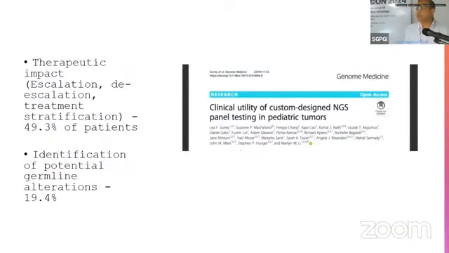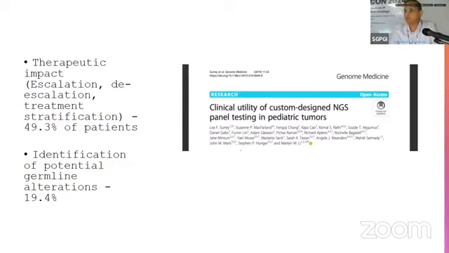Now, this is a study conducted by Dr. Saray et al. They tried to identify the role of genome sequencing in pediatric solid tumors. When they did this study in about 367 patients, they found that genomic sequencing led to therapeutic impact in about 50% of the patients.